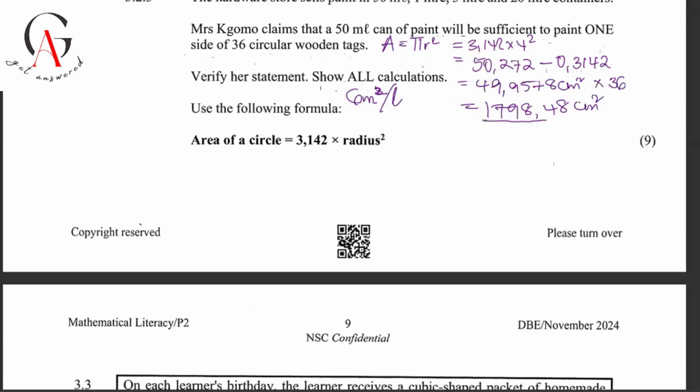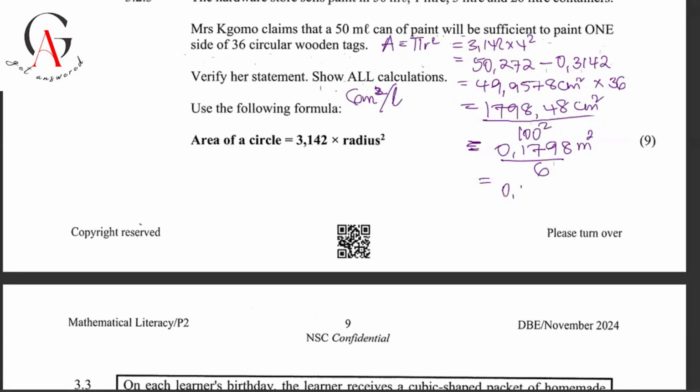So we need to divide this by 100 squared, because I'm changing centimeters to meters, and I'll get 0.1798 meters squared. So I need to find out now how many liters I will use here. I'll divide by 6.